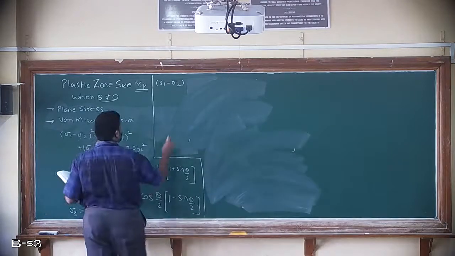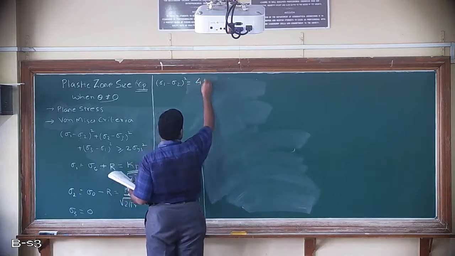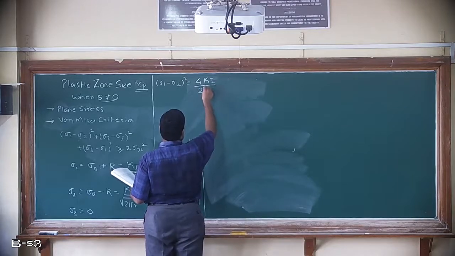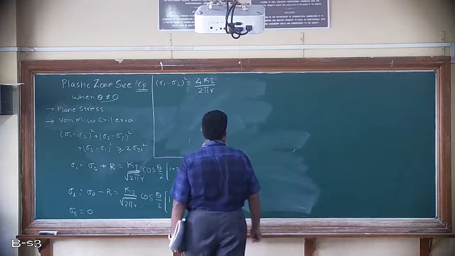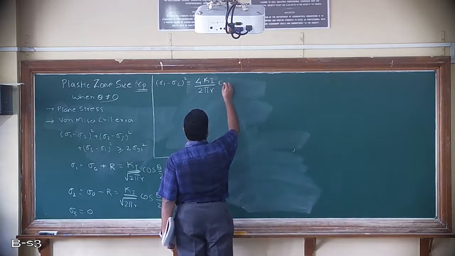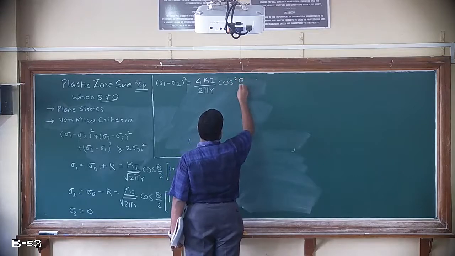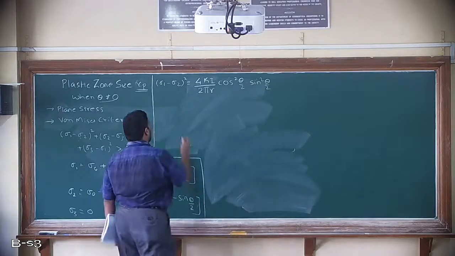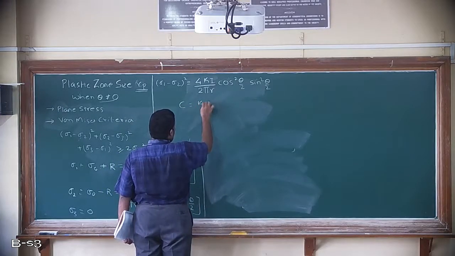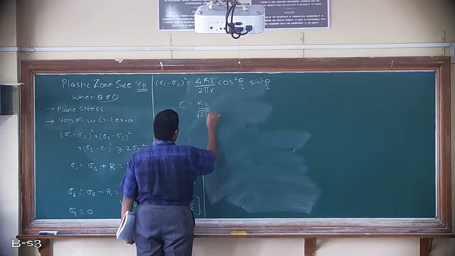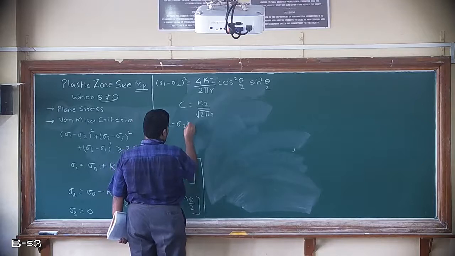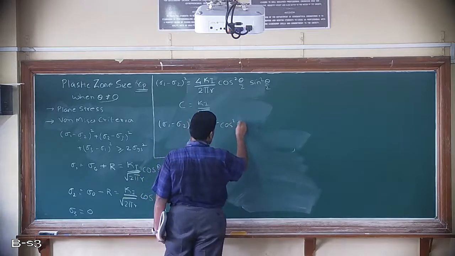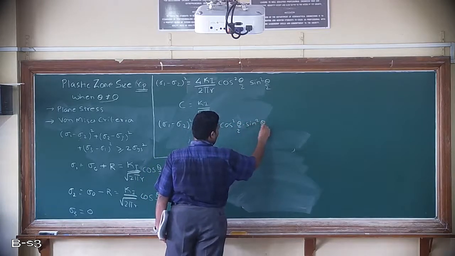So the first equation is (σ1 − σ2)² = 4 K_I / (2πr) × cos²(θ/2) × sin²(θ/2). Here we take C as K_I / √(2πr). Therefore (σ1 − σ2)² will be 4C² cos²(θ/2) sin²(θ/2).